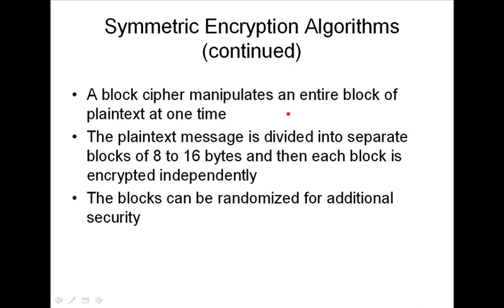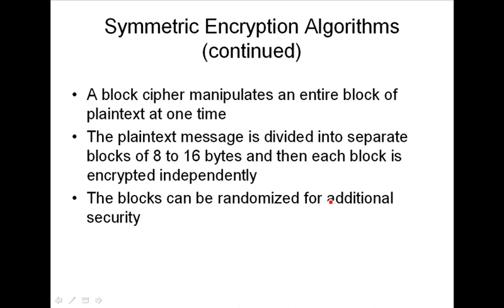A block cipher manipulates an entire block of plain text at one time, and for larger sizes of plain text, the algorithm will just handle multiple blocks until it makes its way through the entire plain text. The plain text message is divided into separate blocks of 8 to 16 bytes, and each block is encrypted independently.